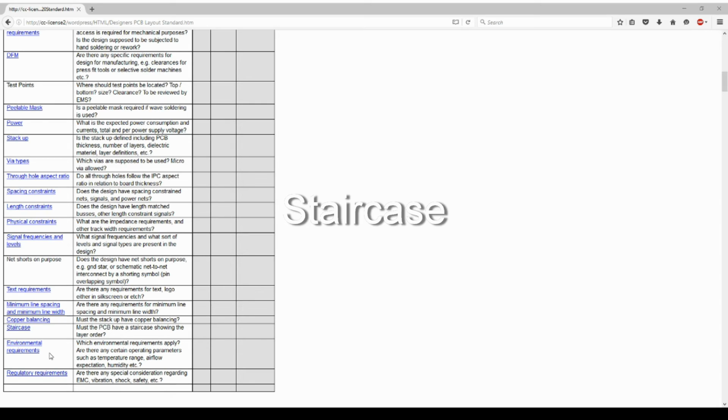Also things like airflow. If we have some expectations of some thermal problems, and knowing that there will be no airflow, that could lead to some considerations regarding how to position these components. And finally, we have the regulatory requirements.